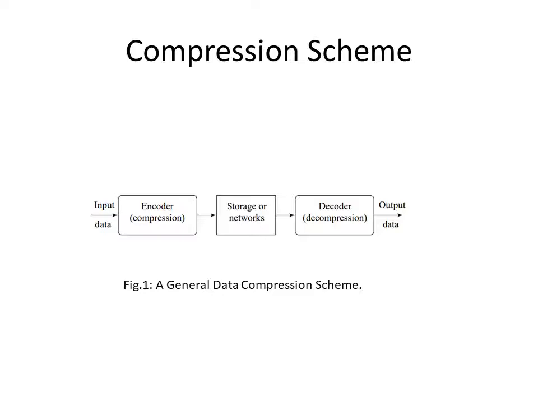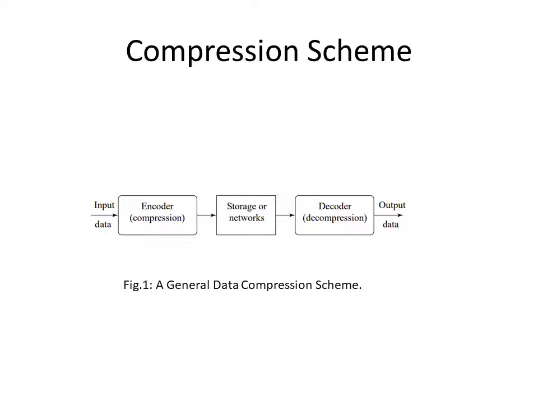Then comes the decoder part, the third block, which does the process of decompression. It will again contain that algorithm of compression, which will receive the encoded or compressed data, and in the output it will give the original data back.